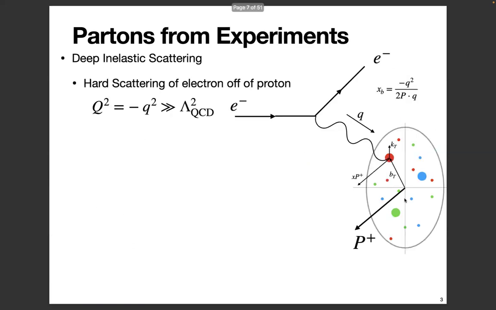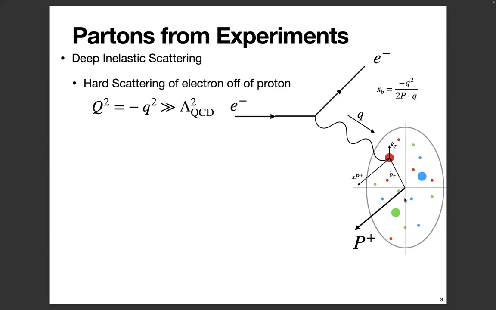So how do we actually try to understand this structure from experiment? Deep inelastic scattering is the bread and butter of what happens at Jefferson Lab, and of course, SLAC was one of the first places that this sort of experiment occurred. If you want to understand what something is made up of, as particle physicists we throw something at it really hard and see what comes out. In this case, we send electrons into a proton with a very high virtuality, which is what makes it deeply inelastic scattering.